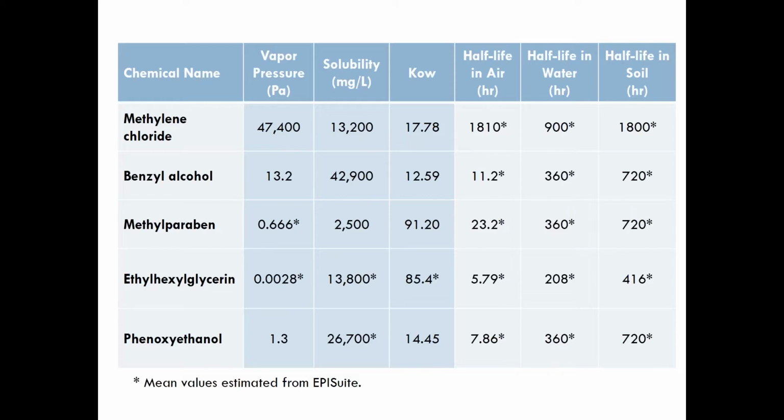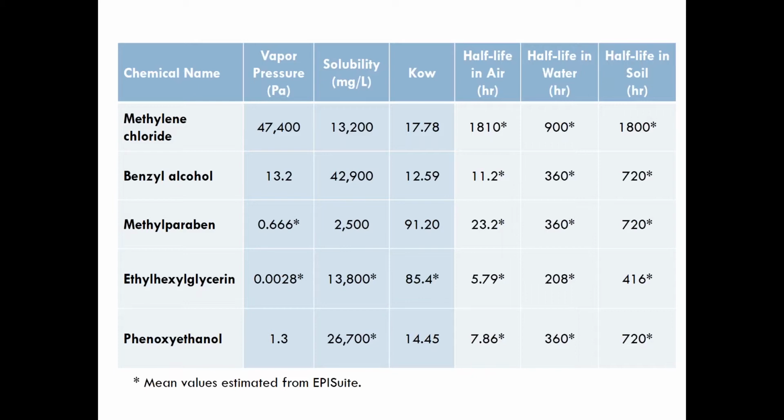So we have the vapor pressure, the solubility, the octanol water partition coefficient, the half-lives, and again, these are estimated from various sources. Many of these are estimated from EpiSuite. So we use a predictive tool to get some of these values if they're not available in some of those websites. That's an EPA-based estimating tool for many of these properties.